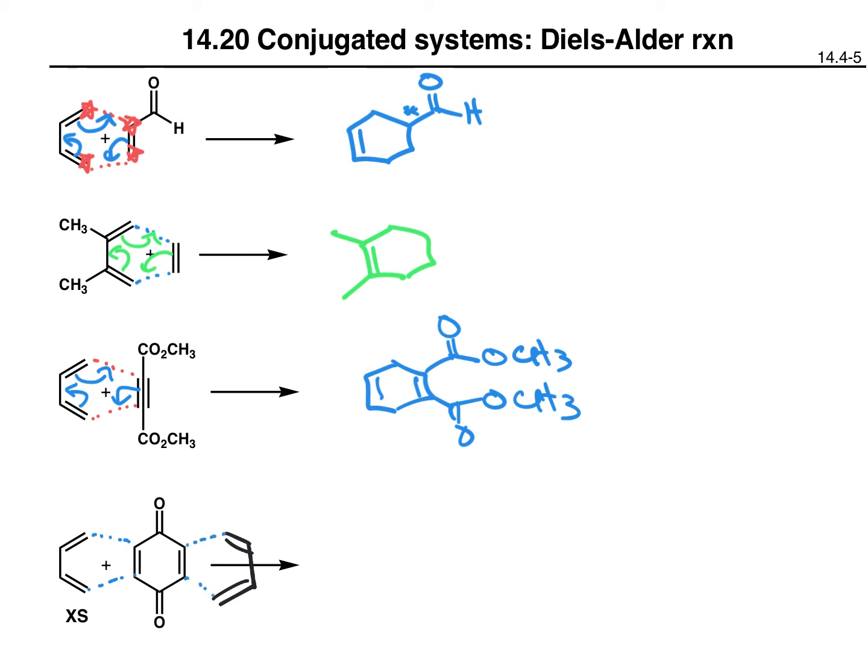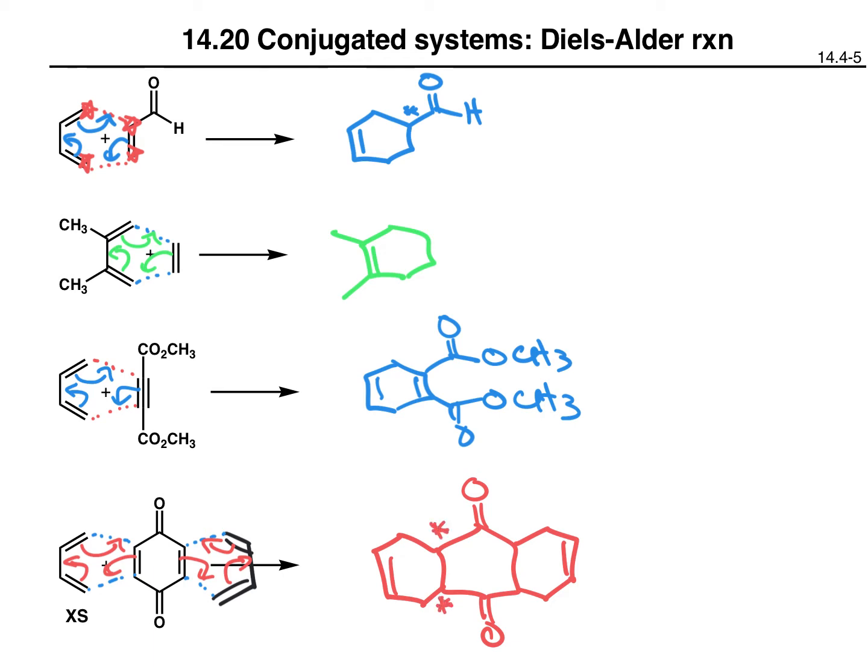Or we could think about it as these electrons move here, these go here, and these go here, while these electrons go here, here, and here, giving us, so this was our dienophile, which reacted with one diene and with another diene. In this case, we're also making 4 chirality centers, but there is selectivity within this reaction, and so we don't get a complete mess.